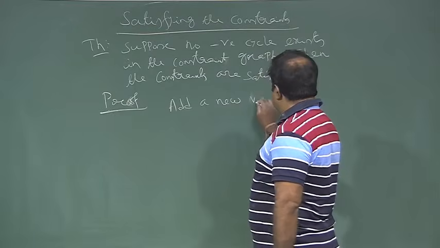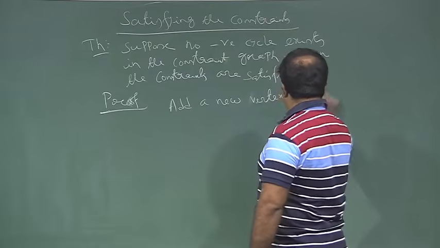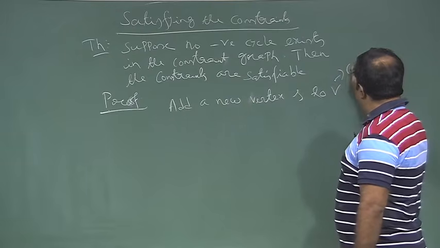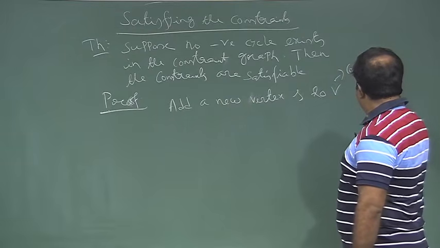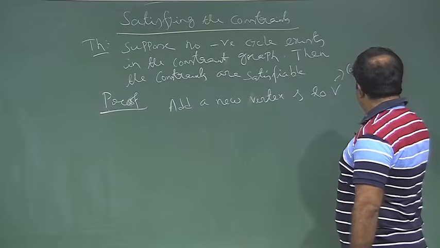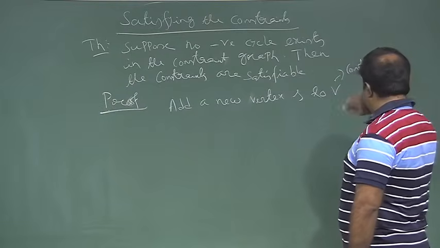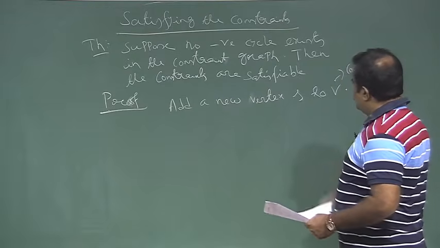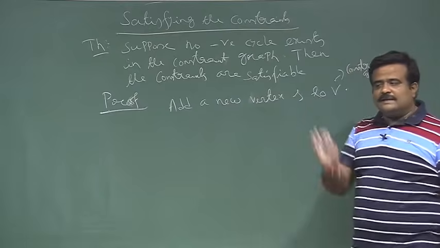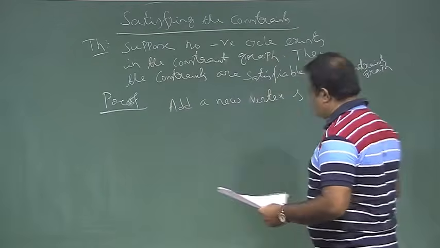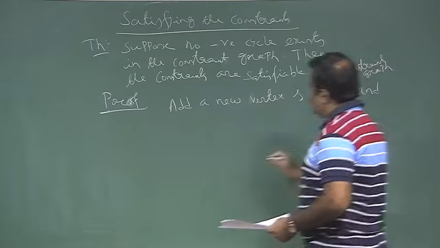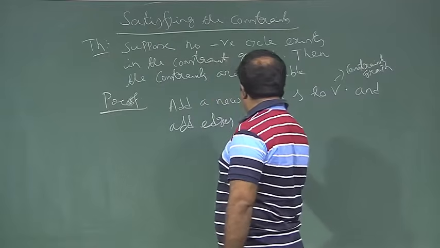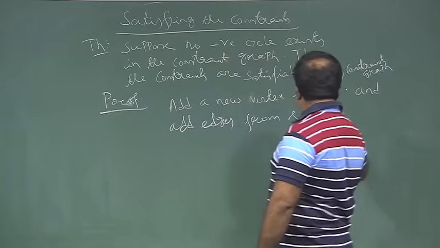Add a new vertex S to V, where V is the constraint graph coming from these different constraints, and add edges from S to all other vertices.